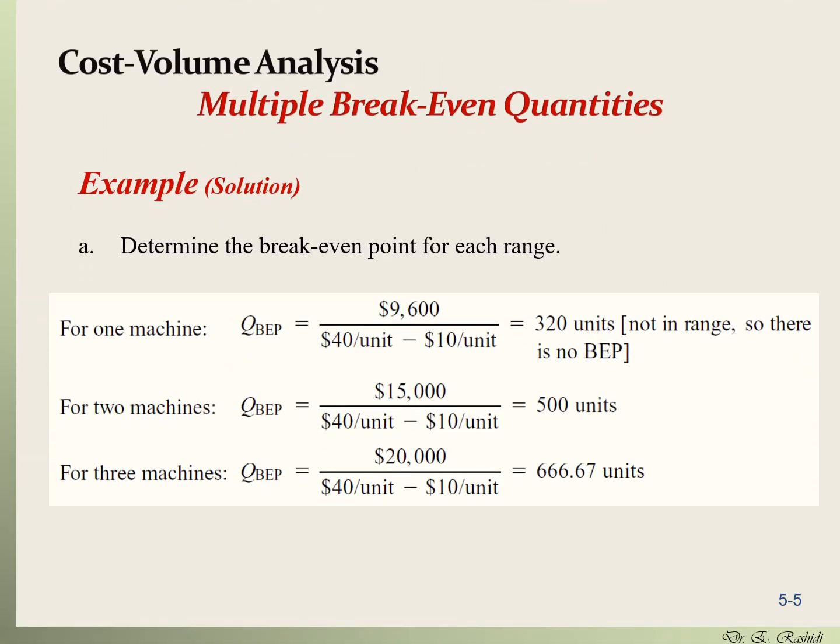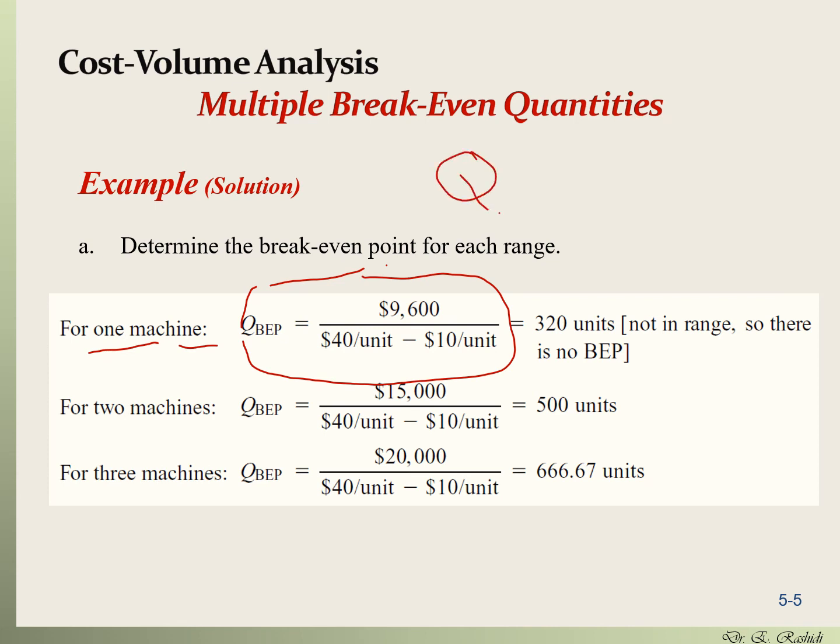Here is the solution key to part A. Part A says determine the break-even point for each range. So we have 3 ranges: a range between 0 and 300 output, when you have 1 machine; a range between 301 and 600 when you have 2 machines; and a range between 601 and 900 when you have 3 machines. Let's do this for each of these ranges, starting with one machine, where the maximum output is between 0 and 300. Let's find the break-even point using the formula.